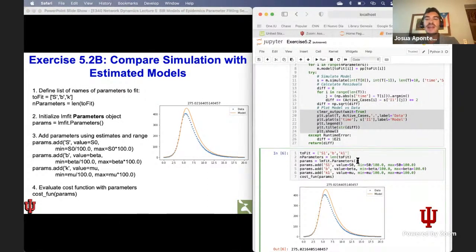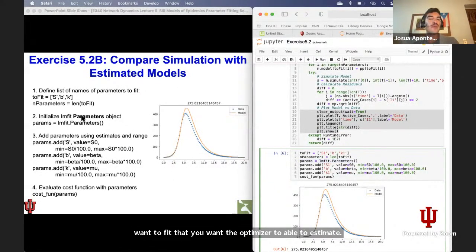And then we create this object called a parameters object, which is basically going to contain all of the parameters that you want to fit, that you want the optimizer to be able to estimate.